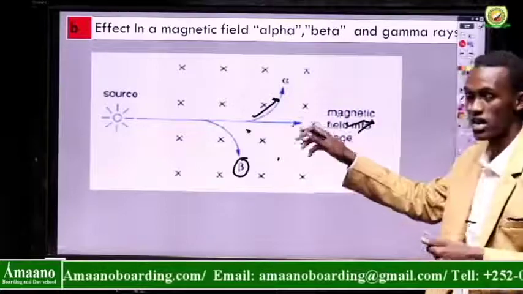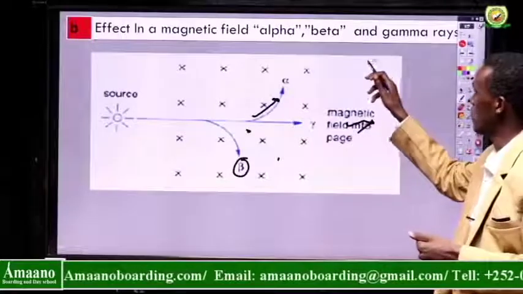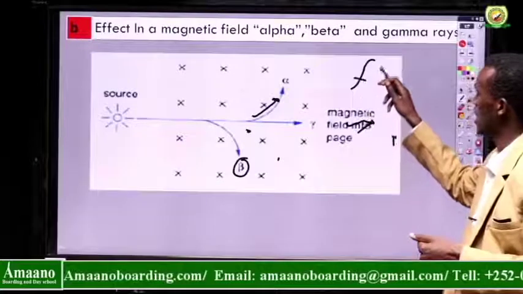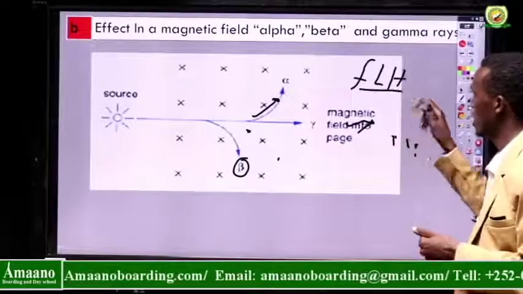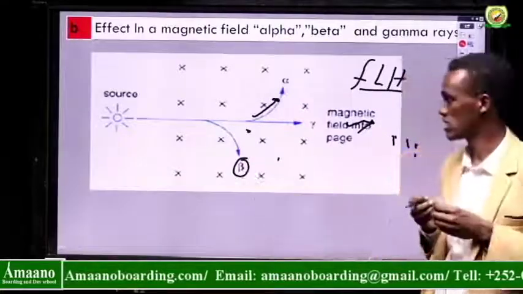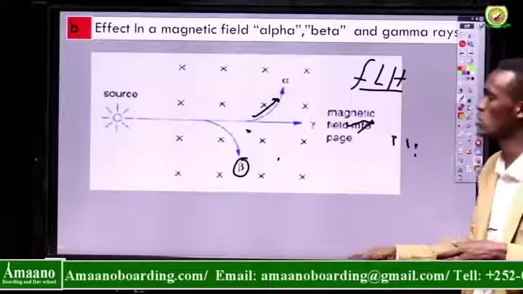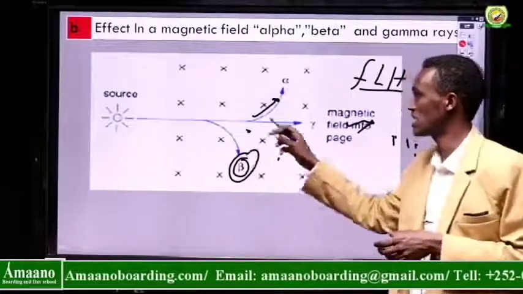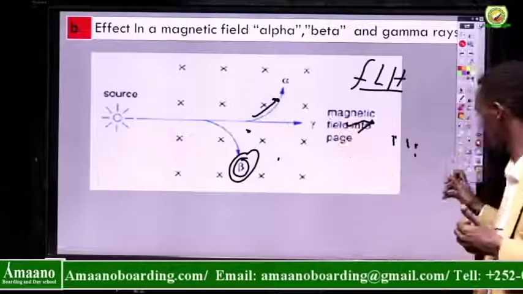So direction can be determined by Fleming's left hand rule. Beta is deflected more while alpha is deflected less because beta is lighter than alpha. It means it has less mass than alpha.